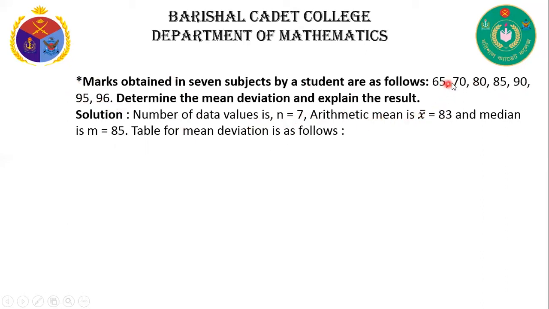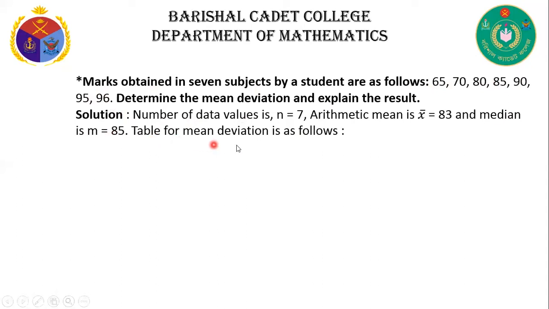That means 65 plus 70 plus 80 plus 85 plus 90 plus 95 plus 96 divided by 7 is equal to 83. And the median M is equal to 85, because here 7 data are given, and 85 is the median because there are 3 on this side and also 3 on the other side.